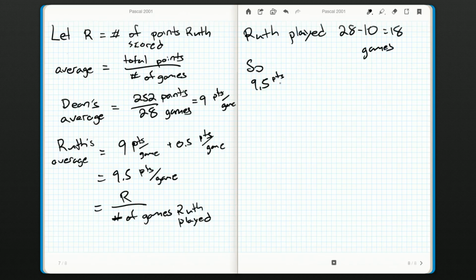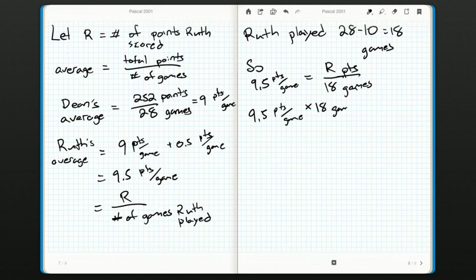So 9.5 points per game is equal to R points over 18 games. Well, we can rearrange this and solve just for R. 9.5 points per game times 18 games is going to be equal to R points.